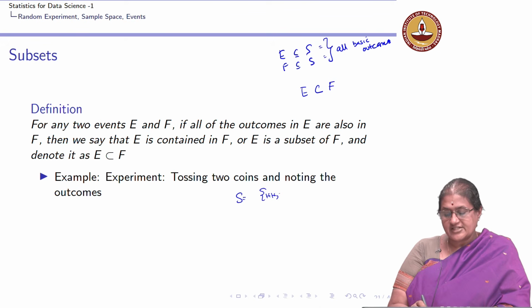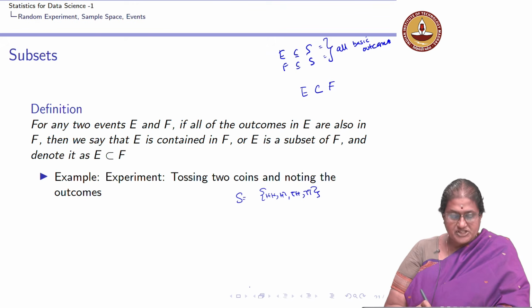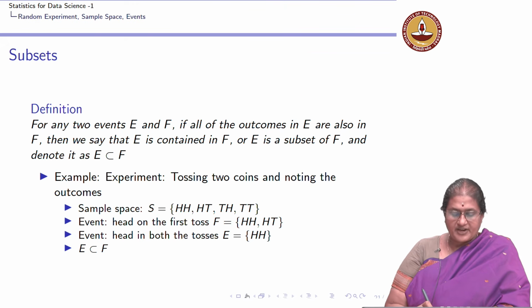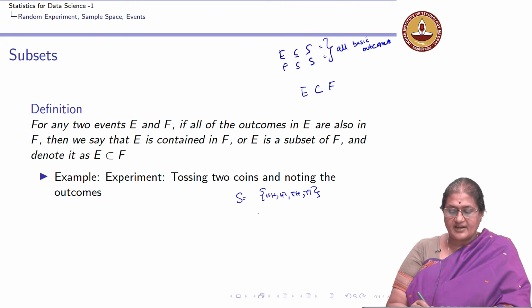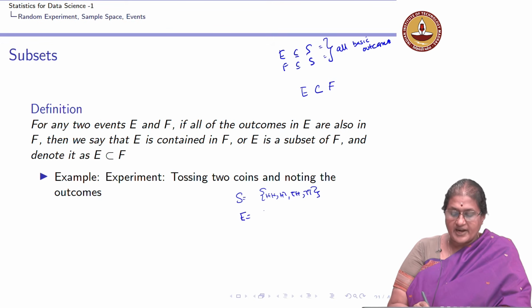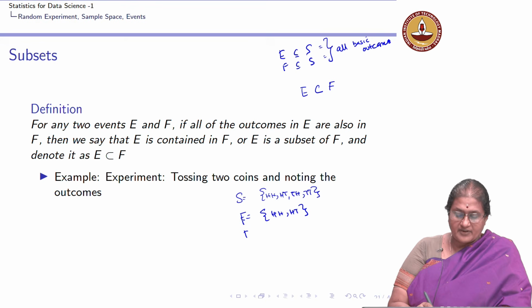I know HH, HT, TH and TT are the outcomes of the sample space. Let me define an event F, which is head in my first toss. So, the event of head in my first toss is HH, HT.